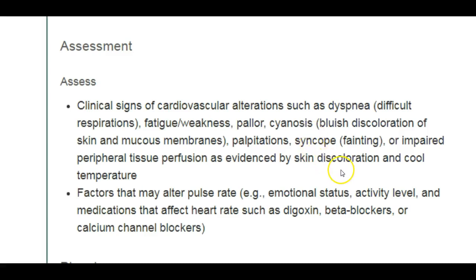They have palpitations, they're feeling faint. They're not getting good circulation, good blood flow. Impaired peripheral tissue perfusion as evidenced by skin discoloration and cool temperatures, so when you're touching the skin it is cool to touch. And here are some factors that may alter the pulse rate.